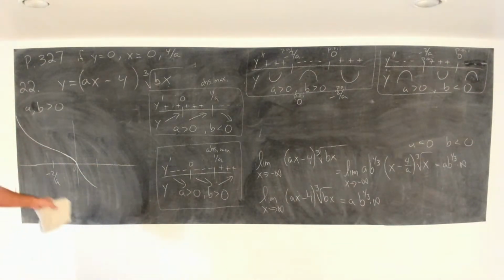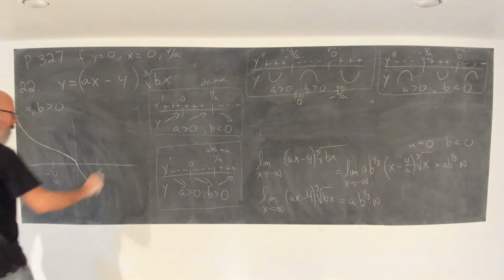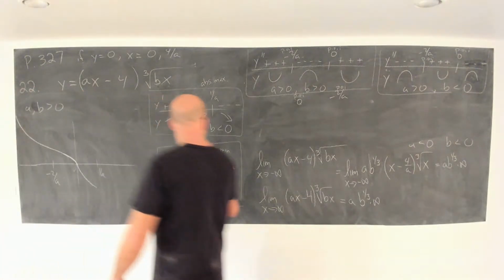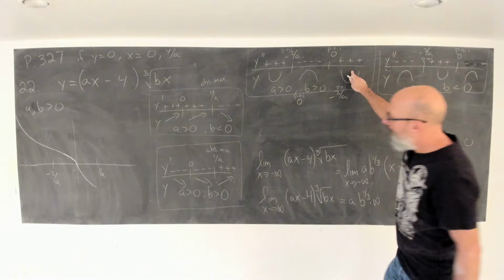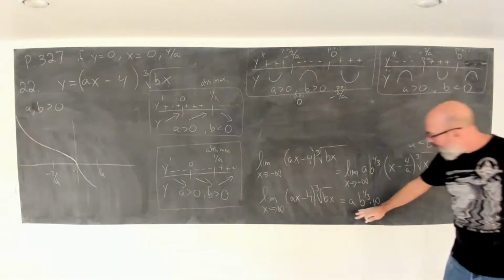So decreasing, concave up all the way to 1 over a. At which point you are increasing, concave up, forever.